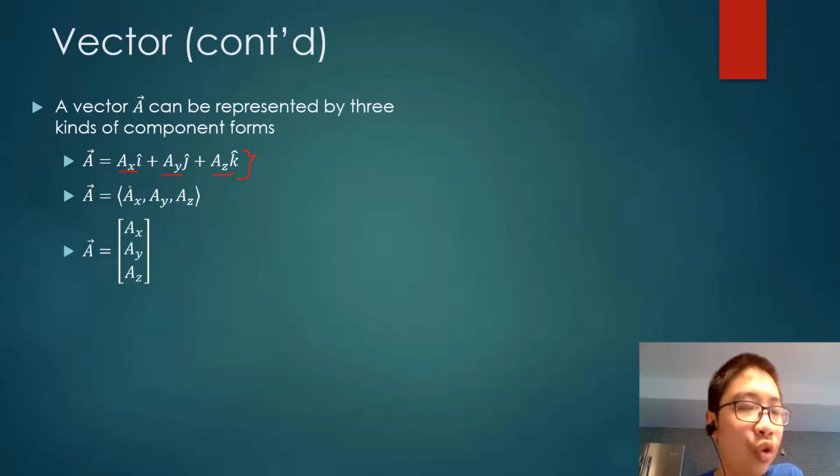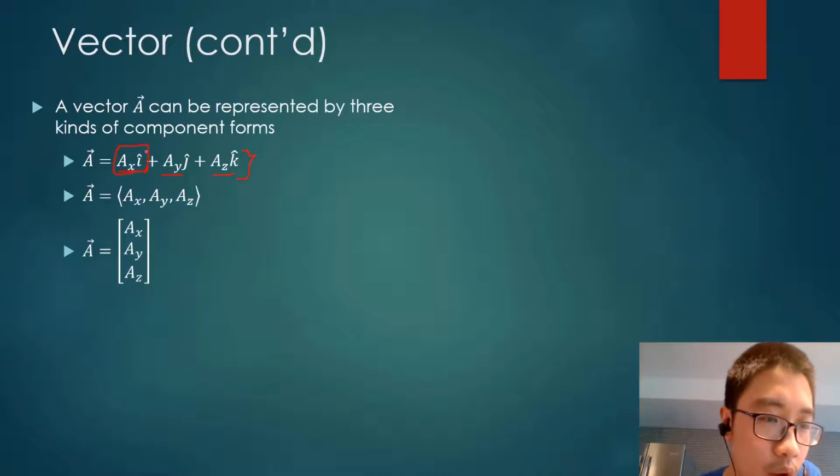What we do is firstly we find the magnitude of all components, and then we multiply each magnitude with its corresponding unit vector.